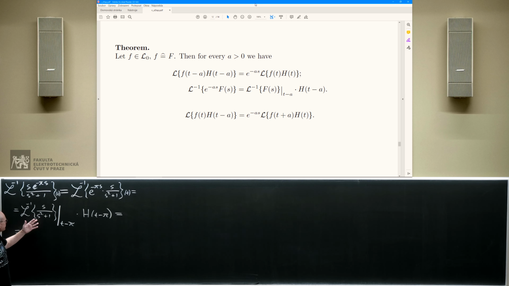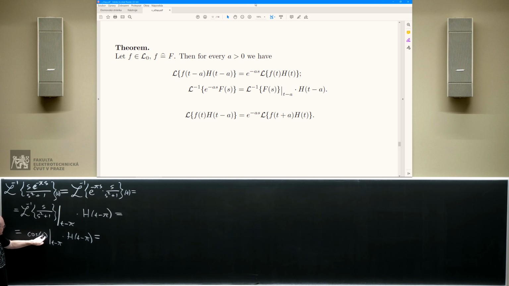Now, as I said, this is something that I remember from the previous lecture. This was in a dictionary. That's cosine. But now I have to do the delay substitution. Well, perhaps I can write it like that, so that we can see what's happening.